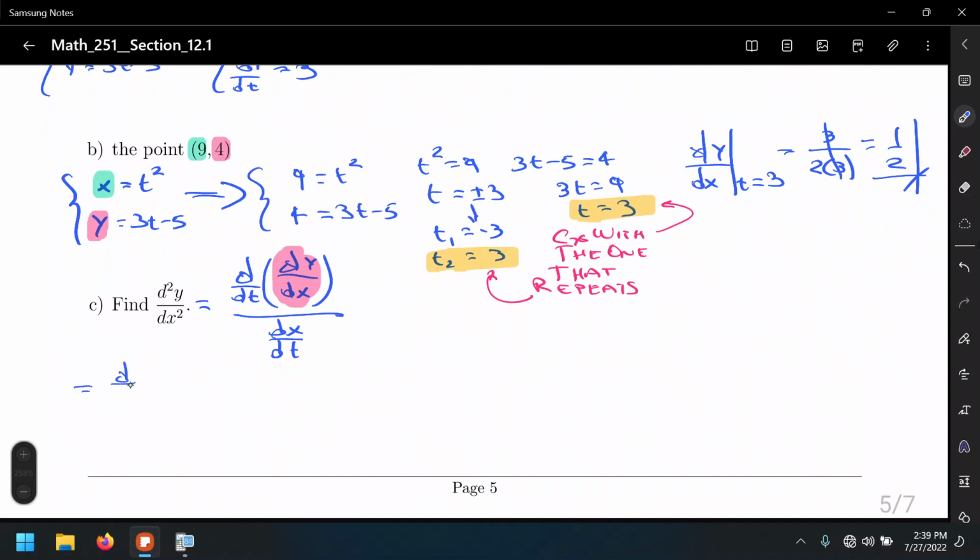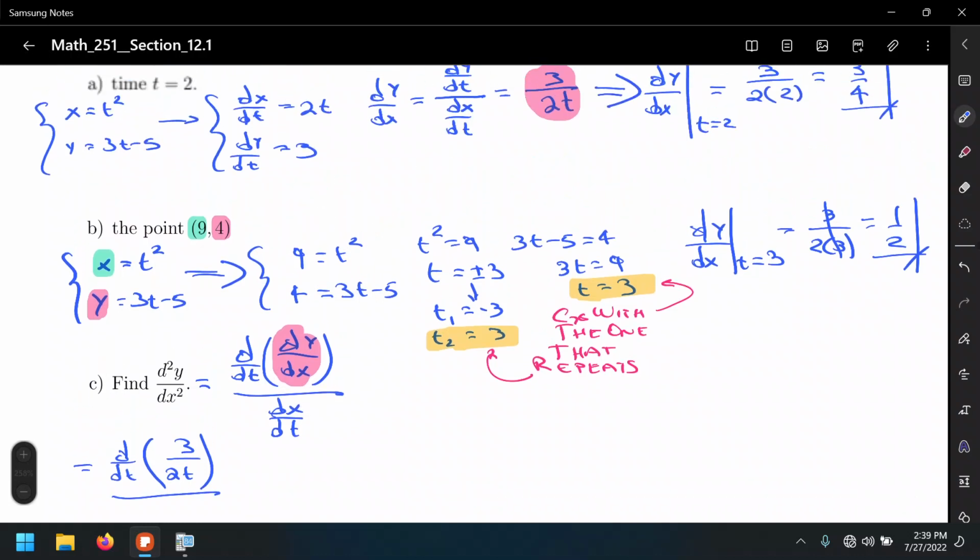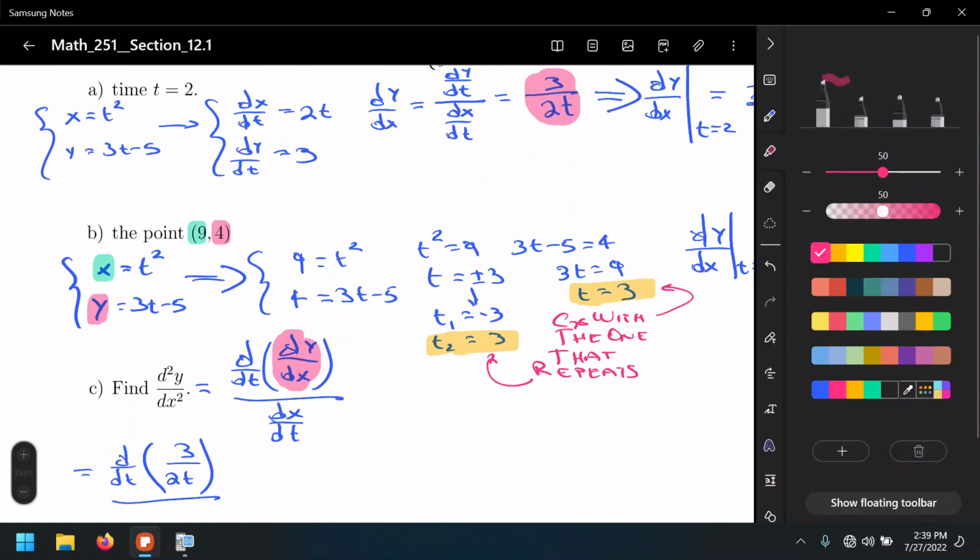So the derivative with respect to t of the quantity 3 over 2t, divided by the derivative of the x equation that we got it from, this one, which is 2t.